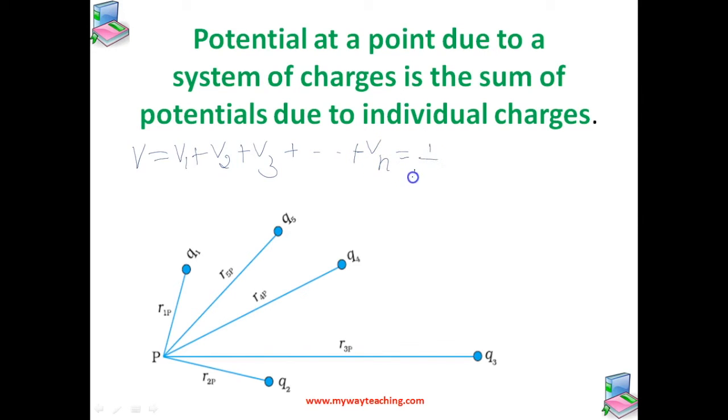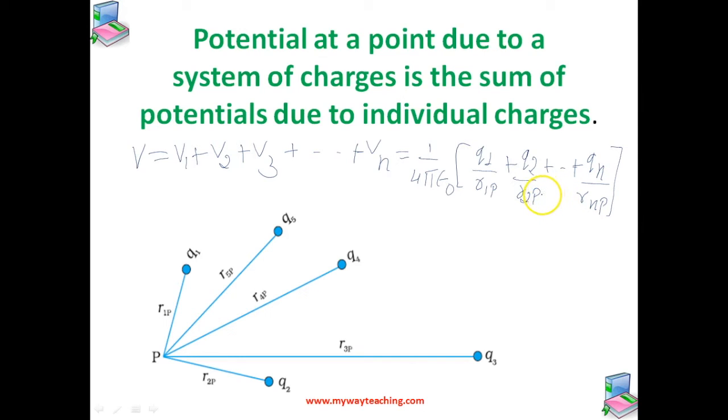And that is given by, if you take 1 by 4 pi epsilon naught common, we can take in bracket q1 by r1P plus q2 by r2P, isn't it? And it continues up to qn by rnP.